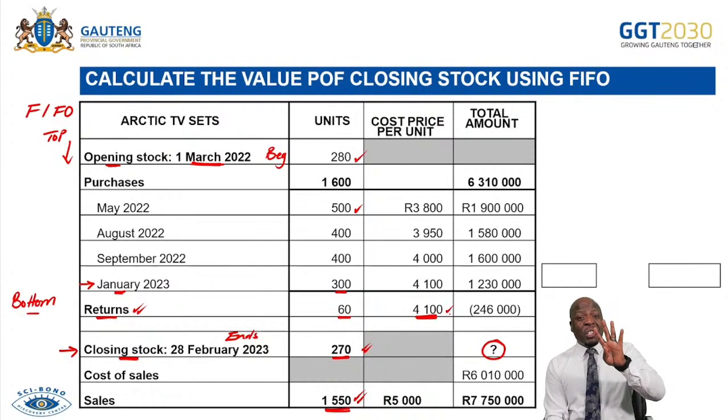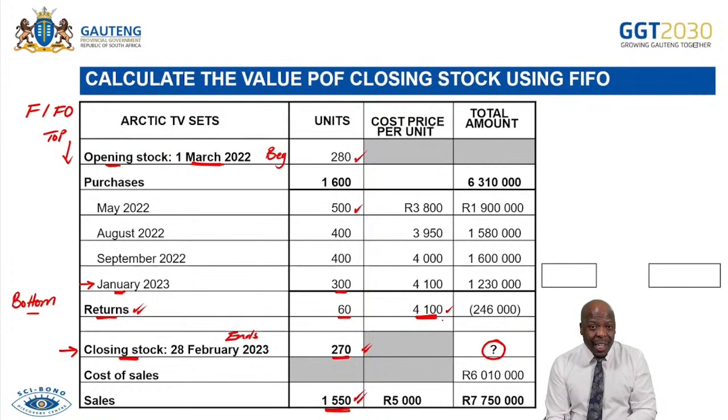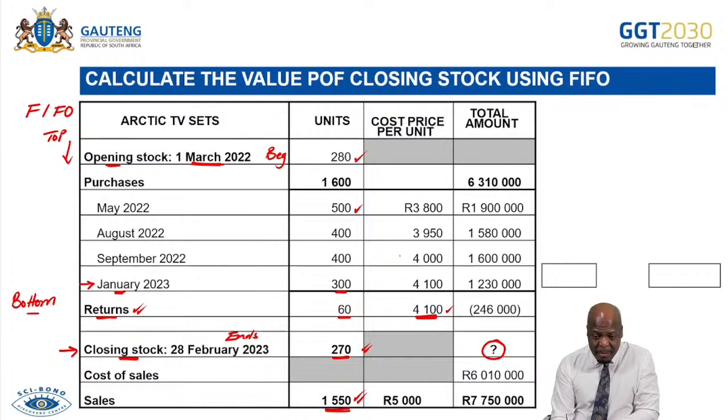Of the 4 purchases in May, August, September, and January, in which month do we find the cost price of 4,100? In the month of January. So these returns of 60 were purchased in the month of January.